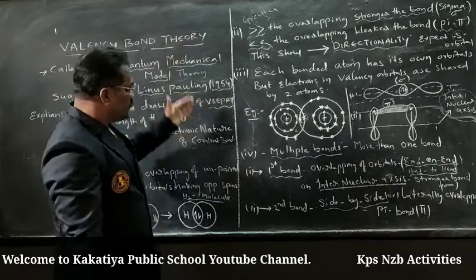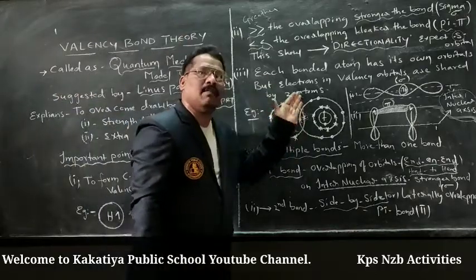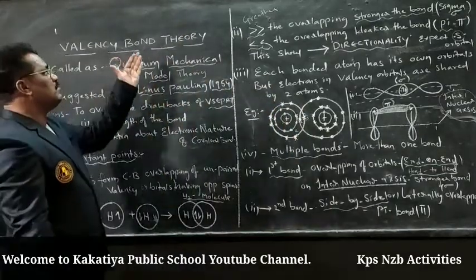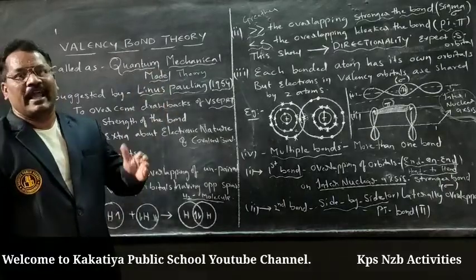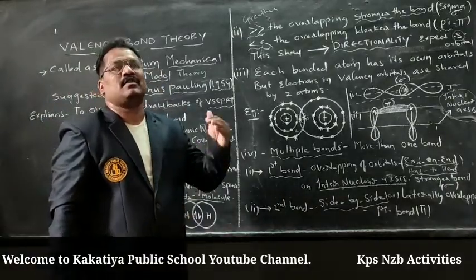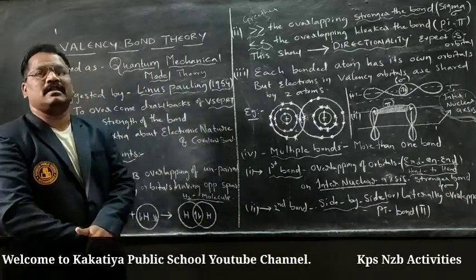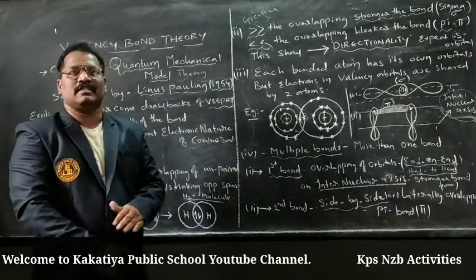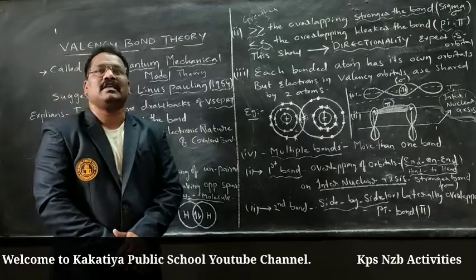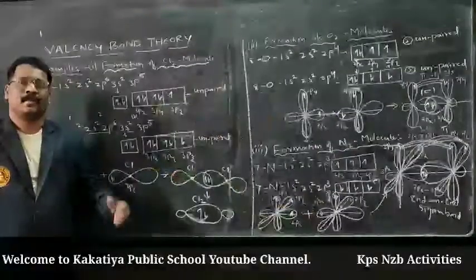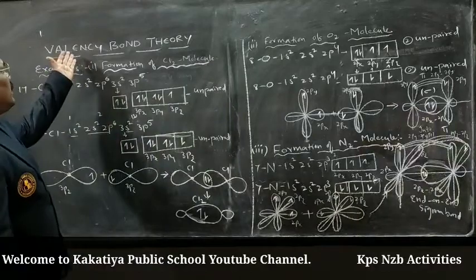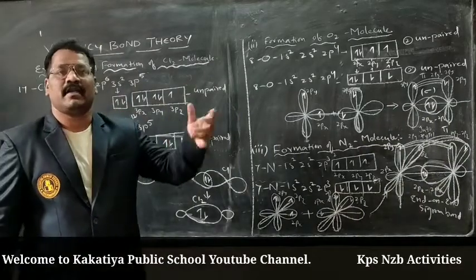By using these four postulates or important points, valency bond theory can be explained clearly. This was suggested by Linus Pauling in the year 1954. This is totally about valency bond theory. Okay, children, now coming to valency bond theory, some examples.